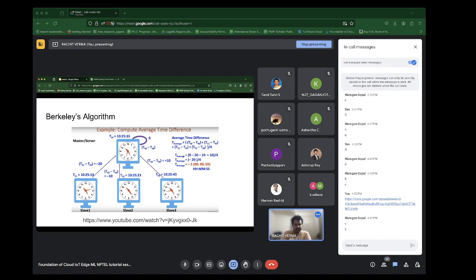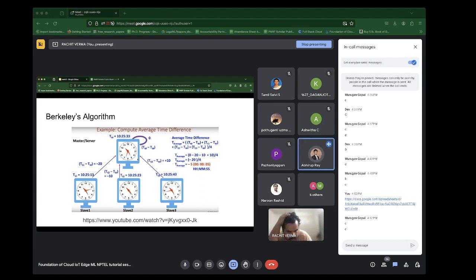So you will get the same formula as the one that sir has discussed in his slides. But over here, the understanding is a little bit more intuitive. The main idea, as discussed in the slides, is that if we average out the differences, the hope is that the time will be synchronized across all the clocks.